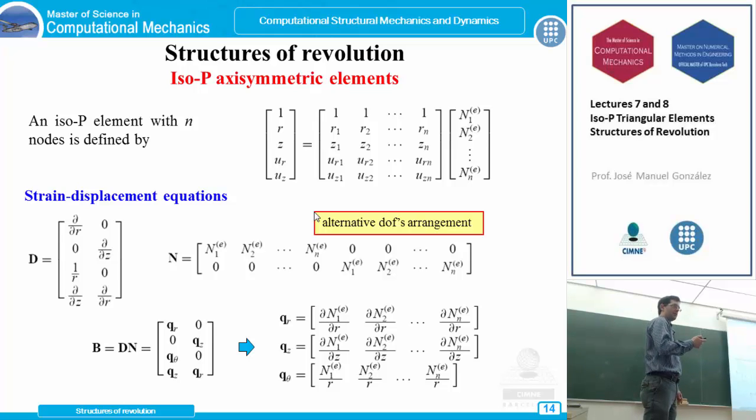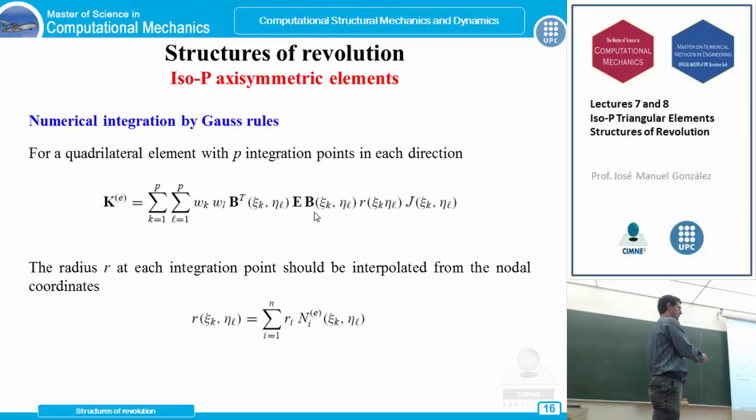Well, there are expressions in the literature for the analytic integration at points on the axis, even at points which are parallel to the axis, where the difference between the radii is 0. Okay, but this is from an analytical point of view. If you do it numerically, you just use Gauss integration points which are placed not on the axis but in the interior of the element. Okay.